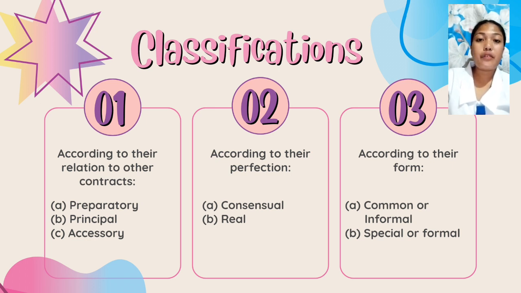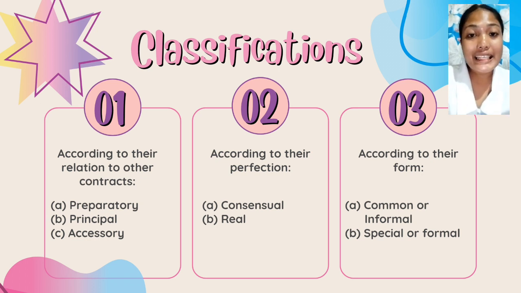So the second one, we have here according to their perfection. We have consensual, or those which are perfected by the mere agreement of the parties. Examples are lease or the sales. The next one, we have the real, or those which require not only the consent of the parties for their perfection, but also the delivery of the object by one party to the other.